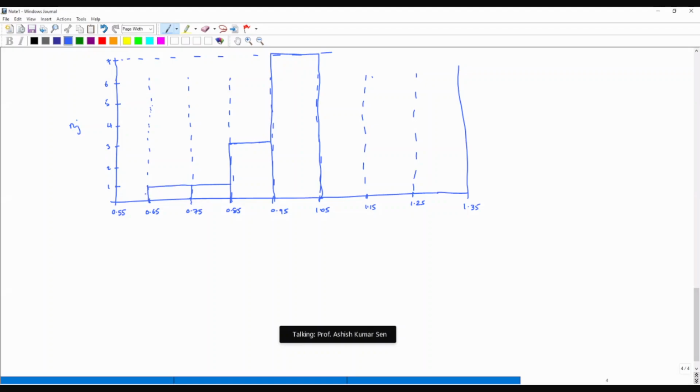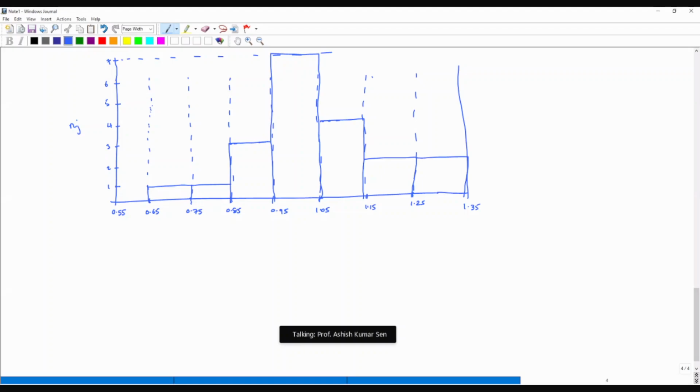So you have it somewhere here. And 1.05 to 1.15, you have actually 4, right? So 4 is somewhere here. 1.15 to 1.25, you have 2. So 2 is here. 1.25 to 1.35 also, you have 2. So this is your data.